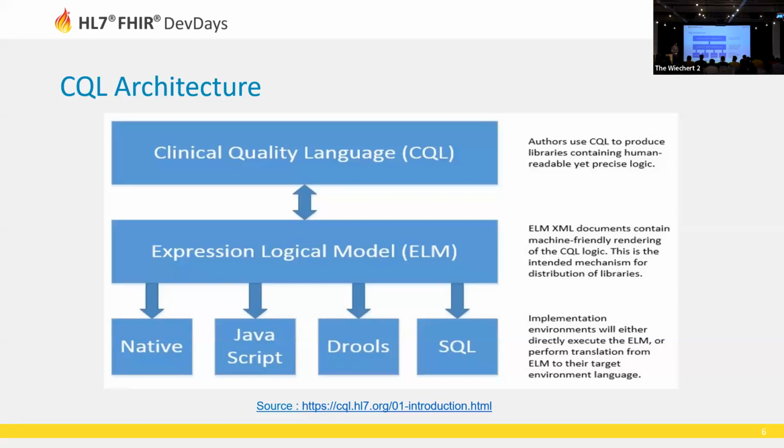So I'll talk a bit about the CQL architecture. We have three levels in the architecture. First one being the CQL language. This will be more about clinician and human readable logic that will be provided by professionals, or at least people that are not full-on developers.